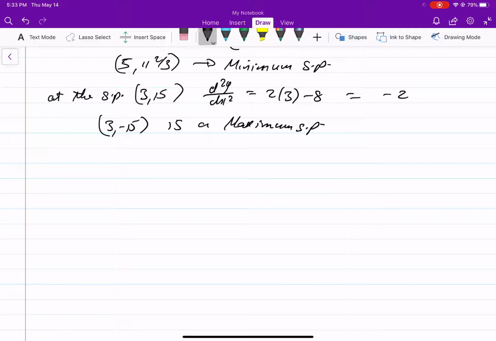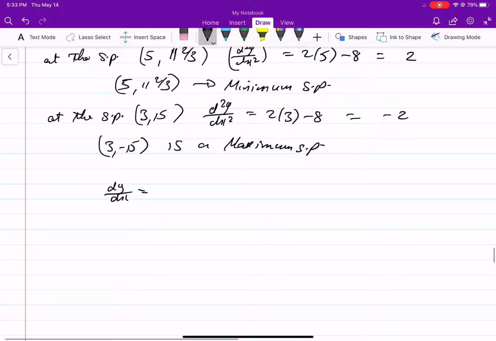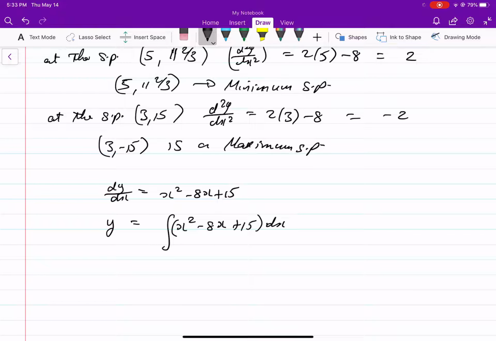So let's write back dy dx, which in the expanded form was x squared minus 8x plus 15. To get back y, the equation of the curve, I need to integrate the dy dx function: x squared minus 8x plus 15 dx, which gives me x cubed upon 3 minus 8x squared upon 2 plus 15x plus c.